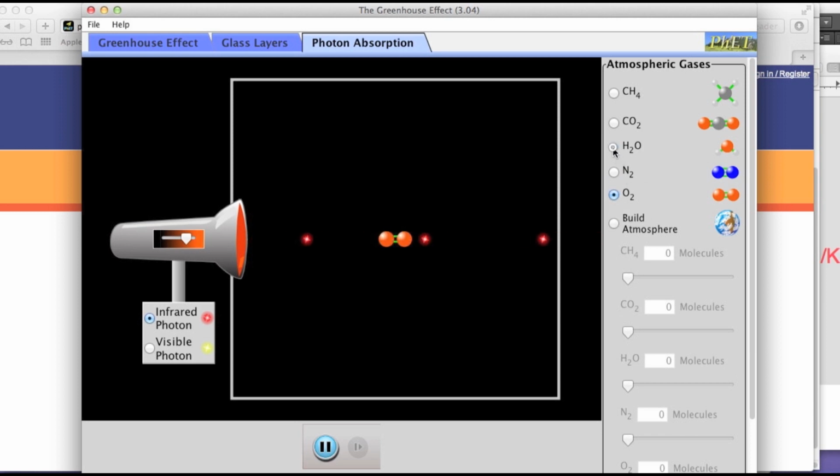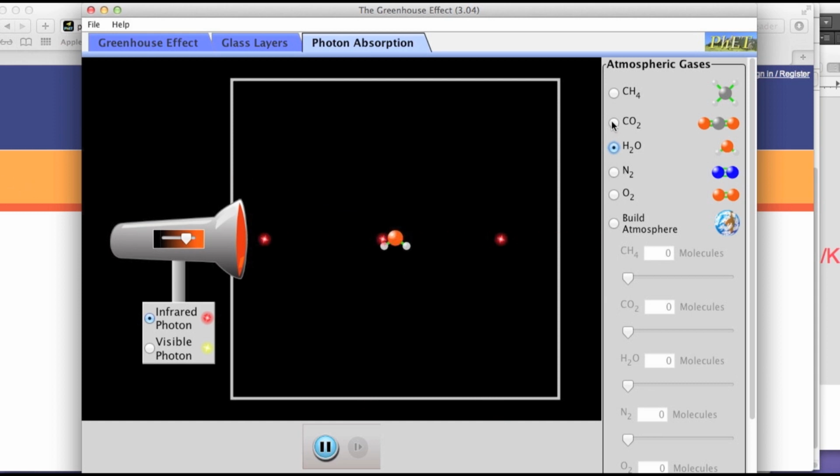Now get up to 3 atoms in the structure, not everything, but okay, water will absorb these, turn it into kinetic energy, and then throw an infrared photon out in some random direction, which statistically means half of them get thrown out away from the gun and half of them get thrown back towards the gun. All right?